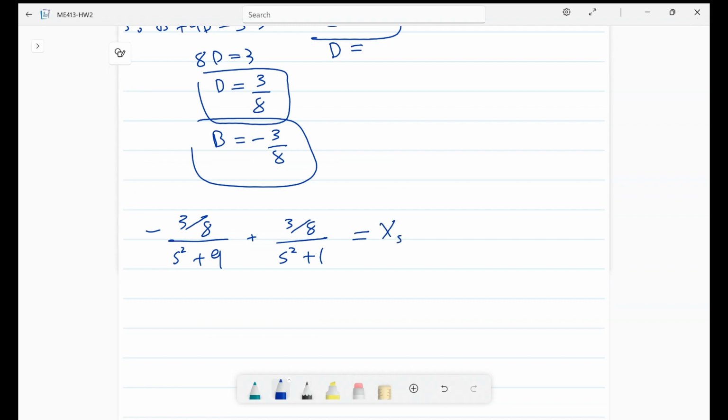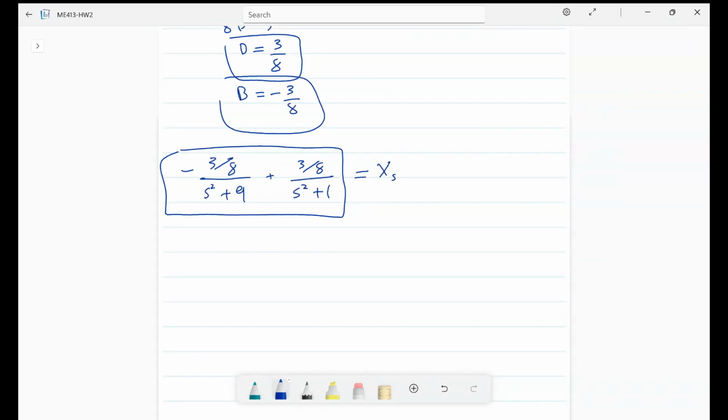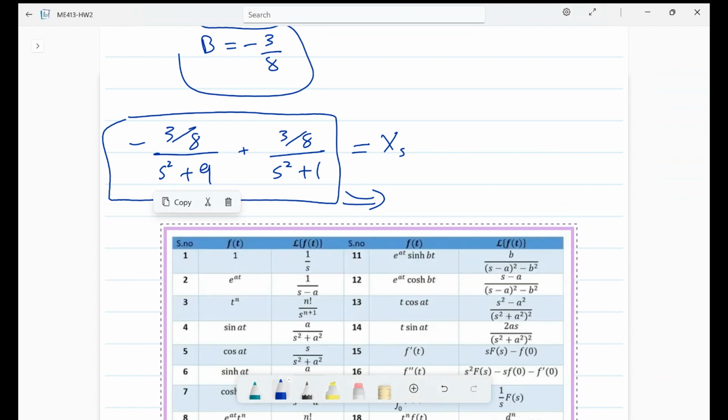Now we need to convert this term using the inverse Laplace transform from the s domain to the time domain, using our Laplace table.